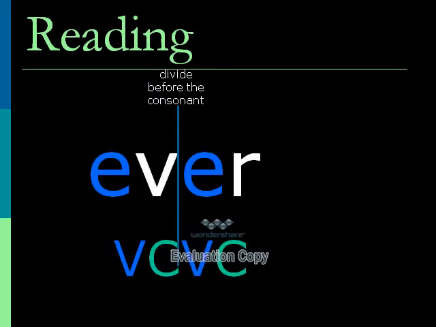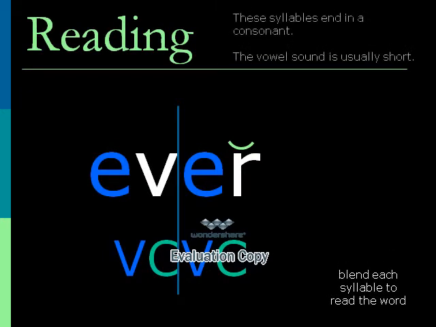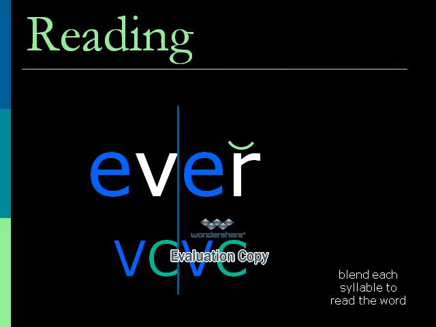When we divide after the consonant, our first syllable is ev, and then our second syllable is er. When we blend both of those syllables together, we have the word ever. This one is different from our first group because it's not a real word. Ev is not a real word. And when we did power, pow is actually a real word.